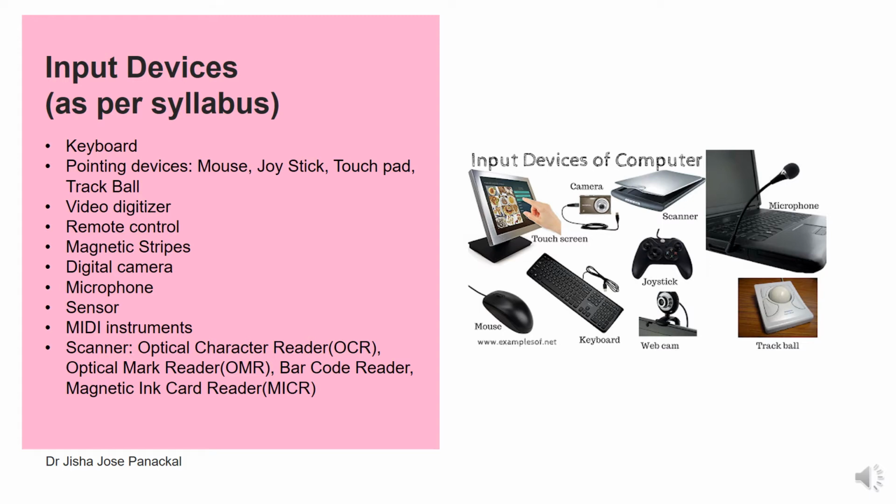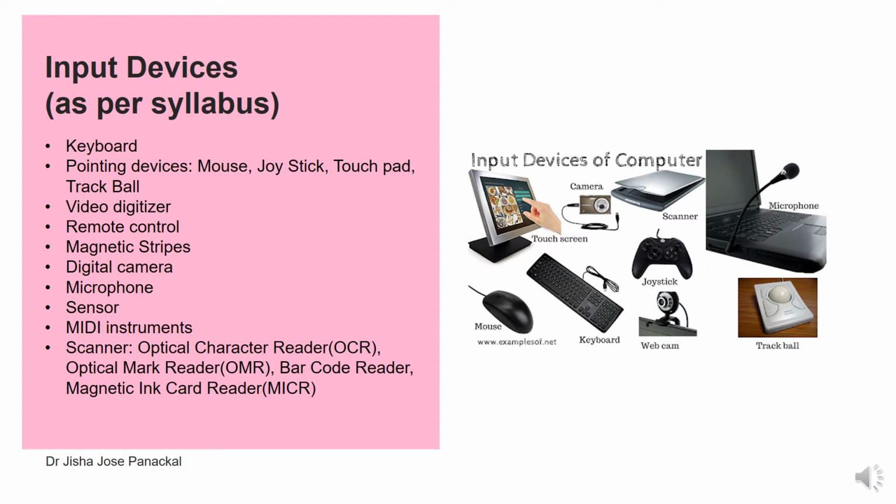Then scanner. Scanners can be of varying types, that is optical character reader, OCR, optical mark reader, OMR, barcode reader, magnetic ink card reader, etc. We will learn each and every one in detail.